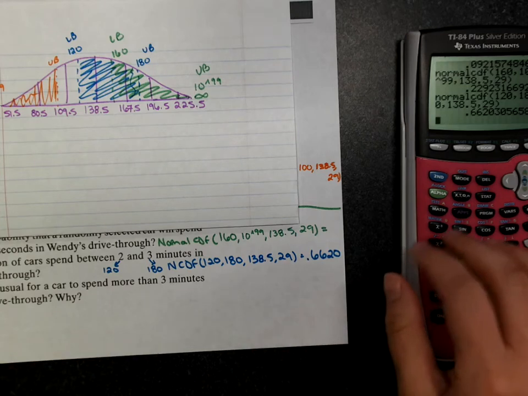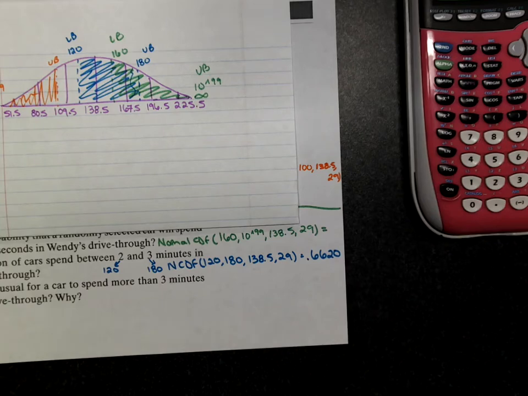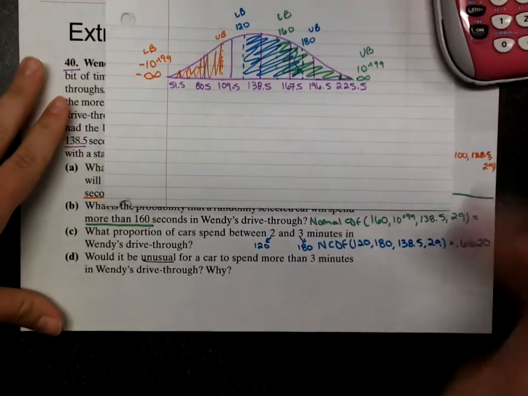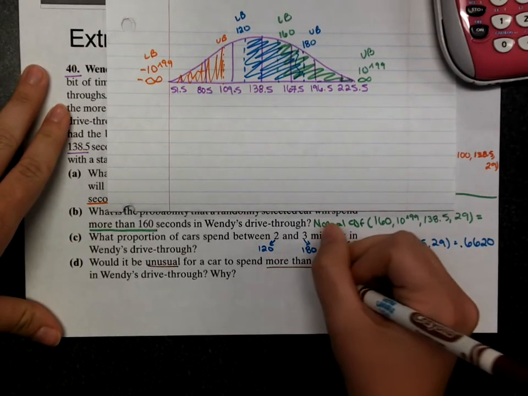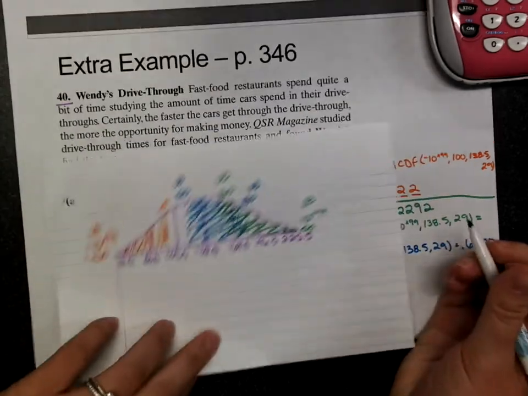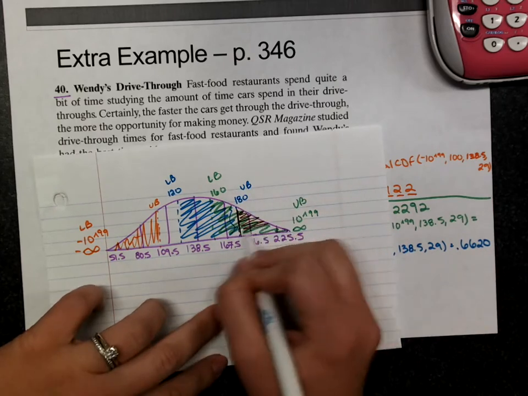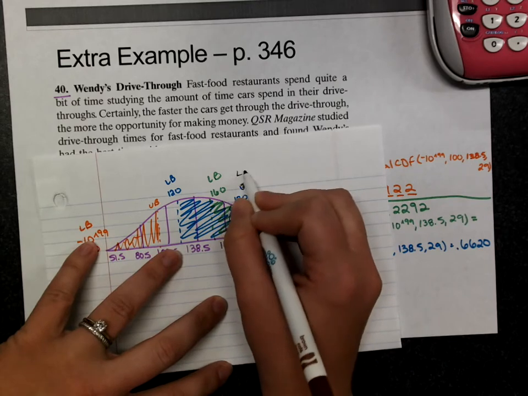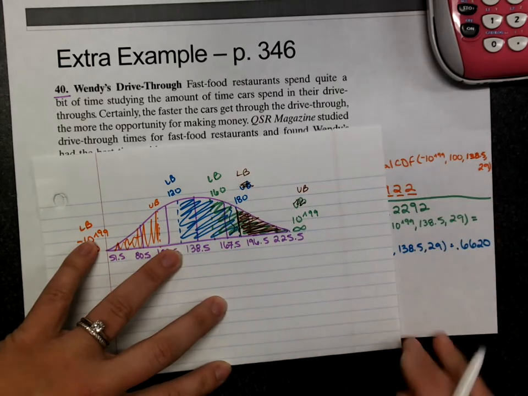All right, and finally, change colors again. Would it be unusual for a car to spend more than 3 minutes in the Wendy's drive-thru? So again, 3 is 180. So we're using that same target value, 180, but now we're looking at the more than or the greater than side. So the 180 now becomes a lower bound, and the infinity is still an upper bound.